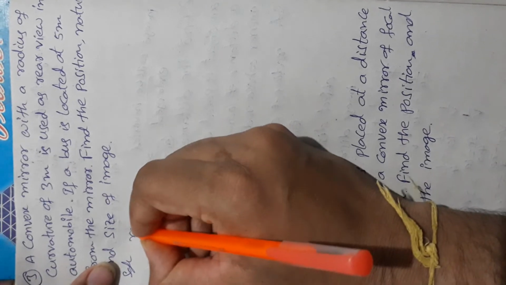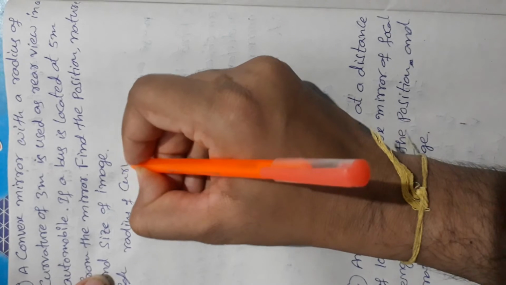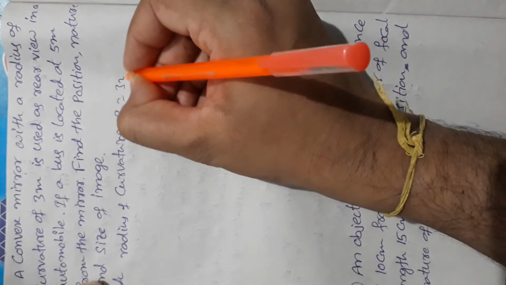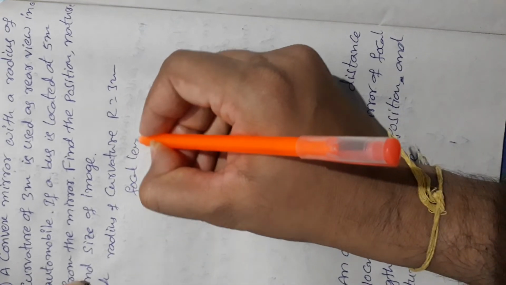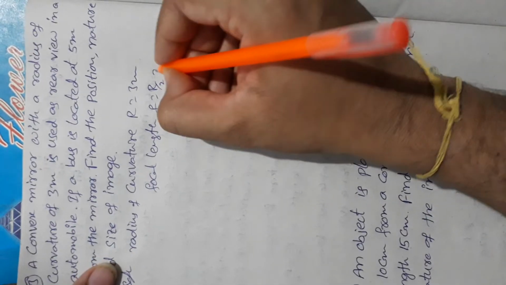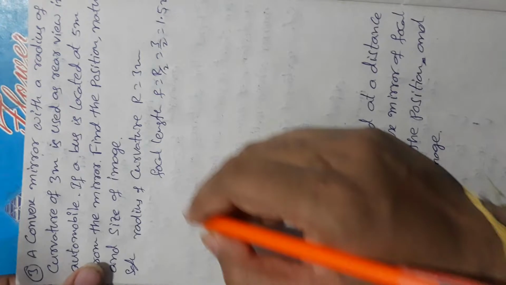So first one is the radius of curvature, R equals 3 meters. From this the focal length F equals R by 2, that equals 3 by 2, 1.5 meters.